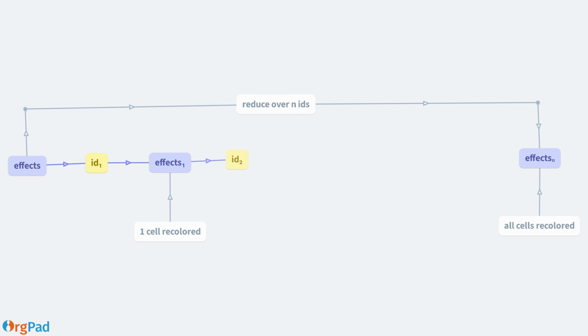Then we change the color of another unit ID 2, which produces a new state effects 2, having 2 units recovered. Then we apply ID 3, and so on up to ID n, which produces the final state effects n, having all units recovered.